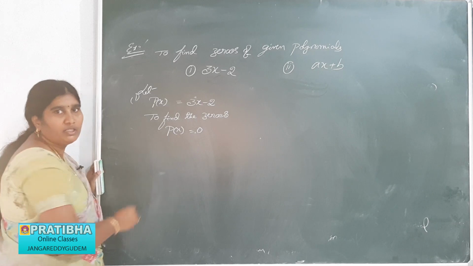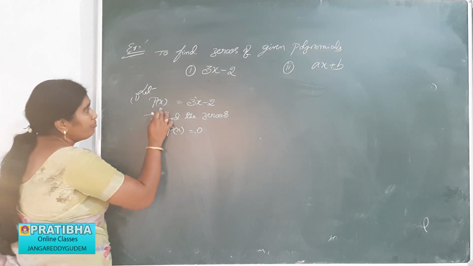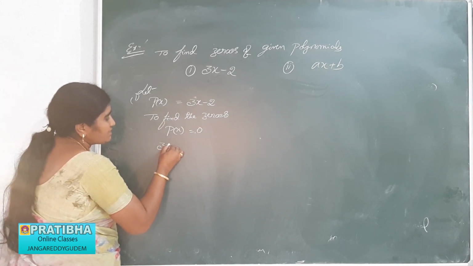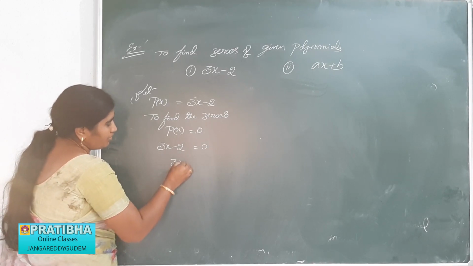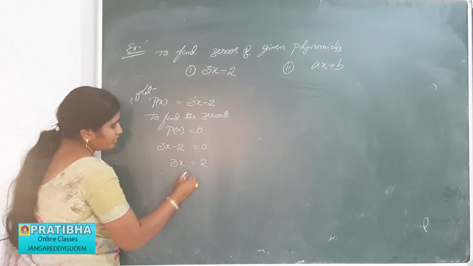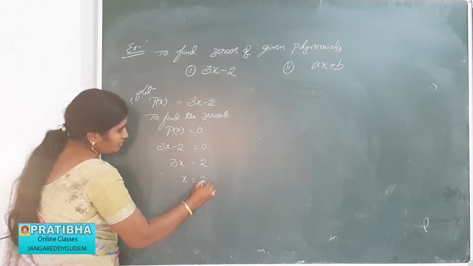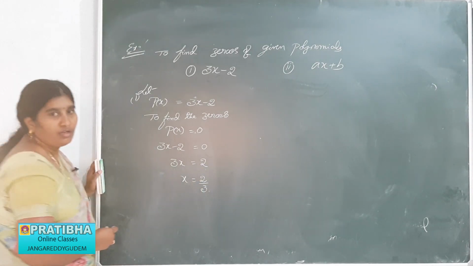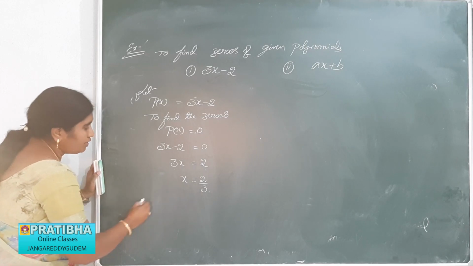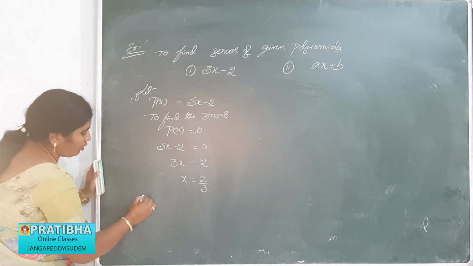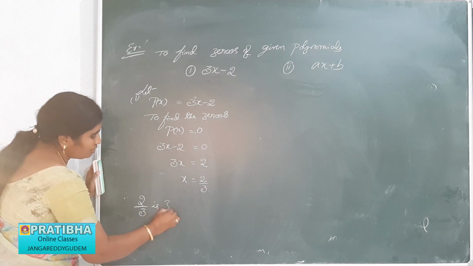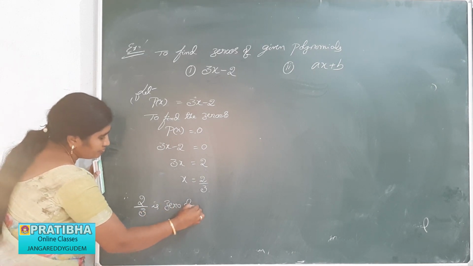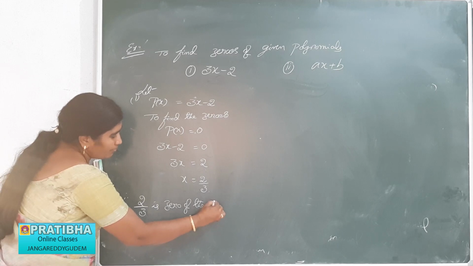So 3x minus 2 equal to 0, 3x equal to 2, then x equal to 2 by 3. Here 2 by 3 is the zero of the given polynomial.